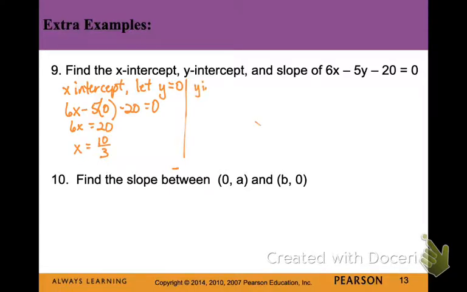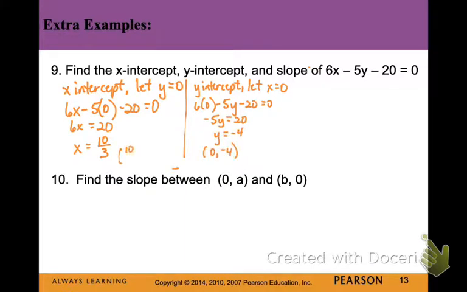So that's the point (10/3, 0), which I will write in a moment. To find the y-intercept, I'll let x equal 0. So 6 times 0 minus 5y minus 20 equals 0, and then solve for y. So my y-intercept is -4. So I have the point (0, -4), and the point (10/3, 0).